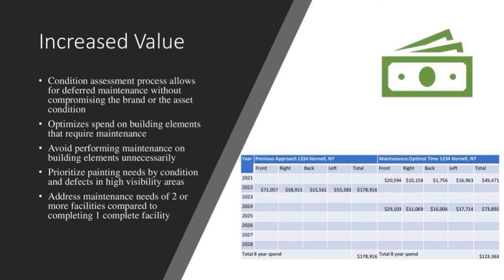It avoids performing maintenance on assets unnecessarily. And it can allow maintenance dollars to be spread out to maybe 2 or more facilities instead of one complete facility. So the table on the right is an example of how careful establishment of a maintenance structure allows for the maintenance to be split up into 2 years compared to spending all of it in 1 year.